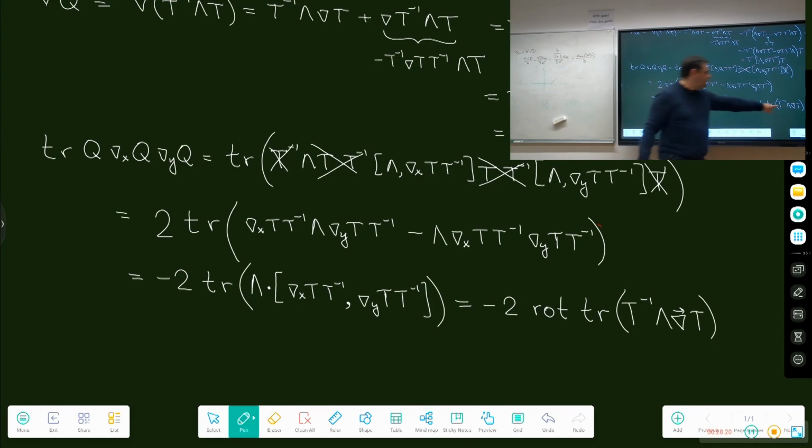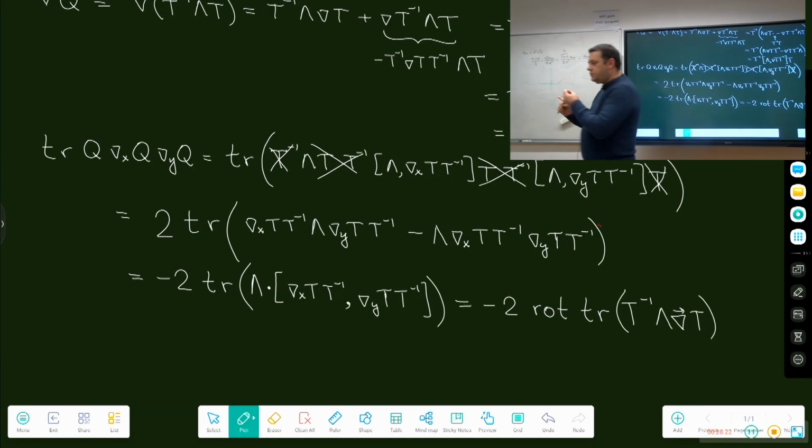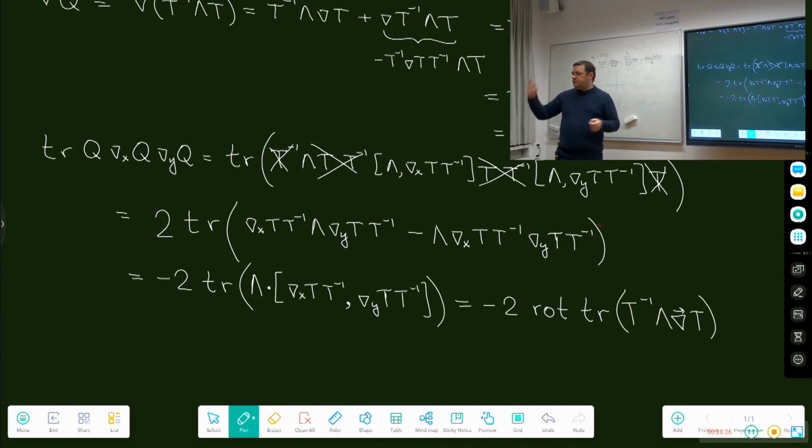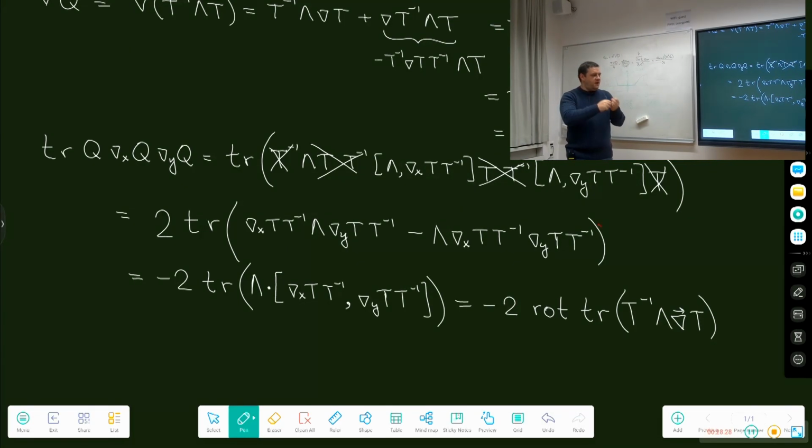This is a vector. Nabla is a vector. It has 2 components, x and y. Rotor of a vector in 2 dimensions means x derivative of the y component minus y derivative of the x component. It's just like a 3-dimensional rotor, but only its z component.